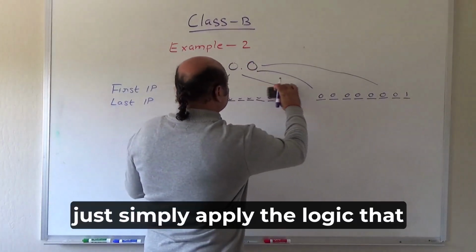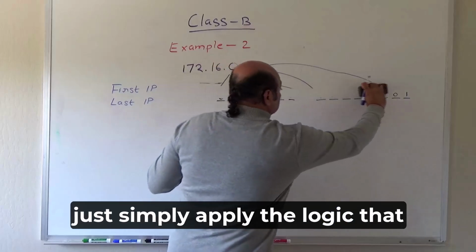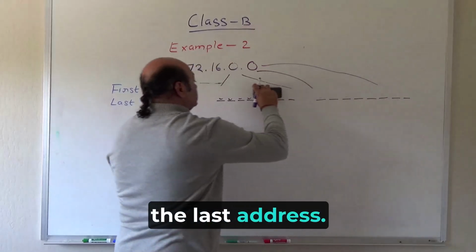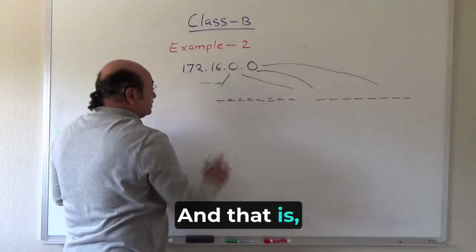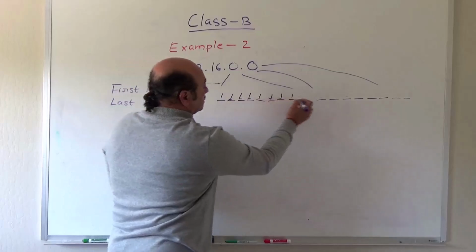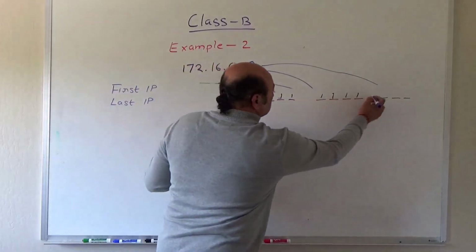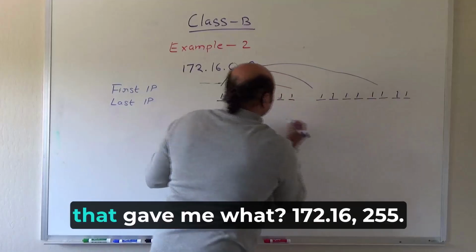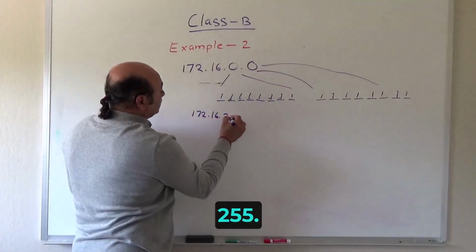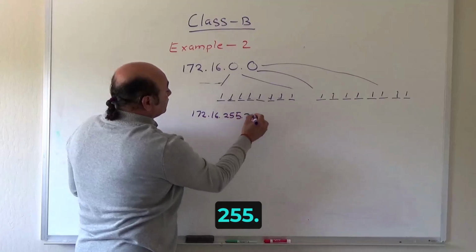Okay. And now if you have to find the last valid IP address, we simply apply the logic: what is your broadcast address? The broadcast address is the last address, and that gave me 172.16.255.255.